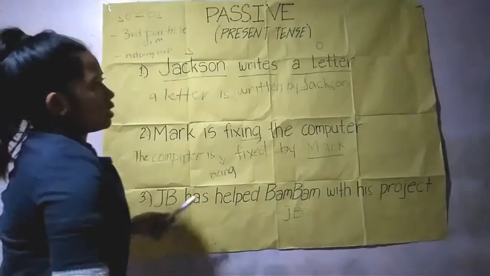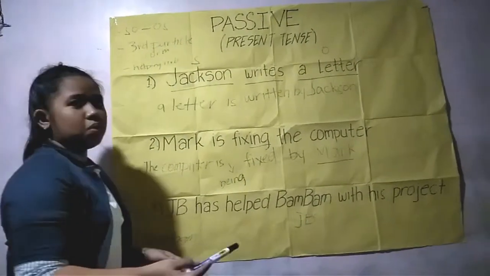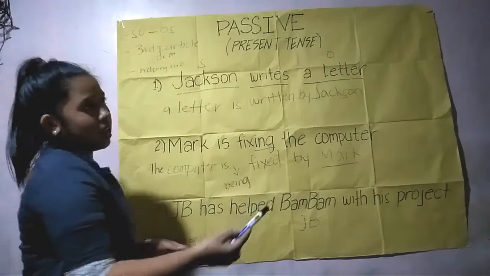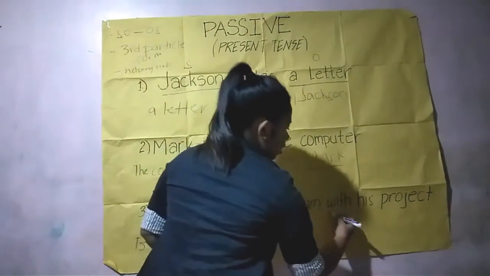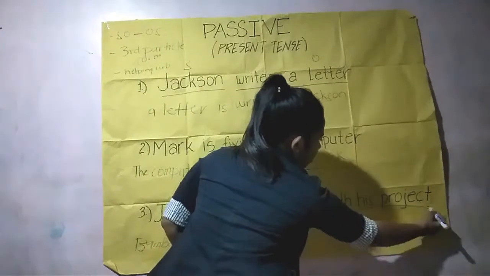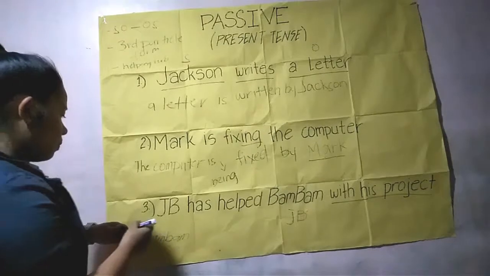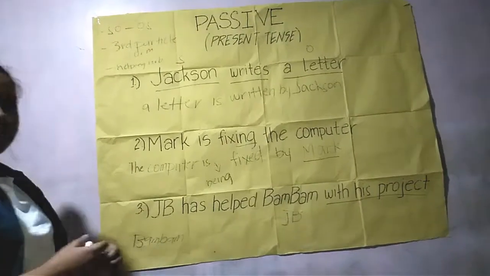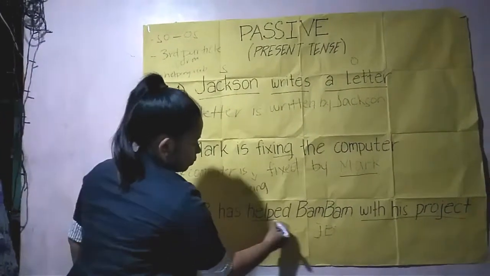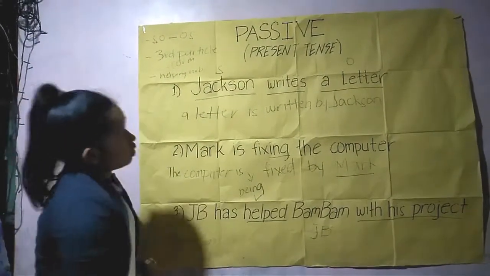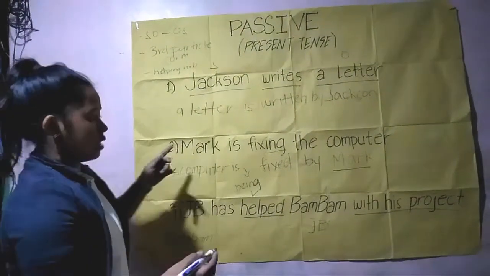Since what I said earlier, it doesn't mean that the object is always at the end of the sentence, we will not change this part of the sentence anymore. So, help. Since help is the verb, we will put it in the third participle form, in the present perfect tense.